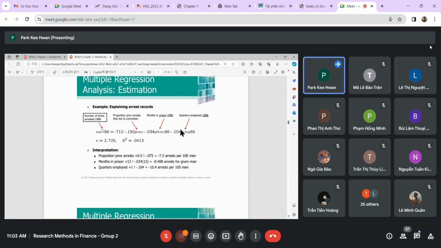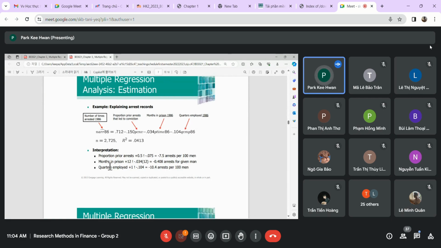This regression explained only 4.13% of the variation in the number of times arrested. So this is quite a low value of the R square. Then how do we interpret this estimated regression?